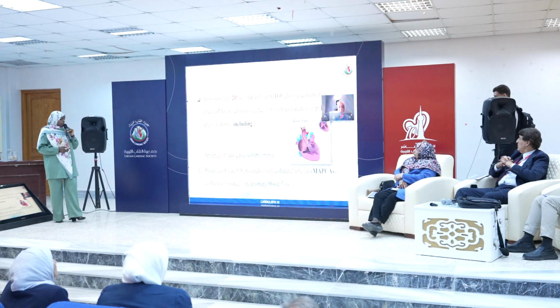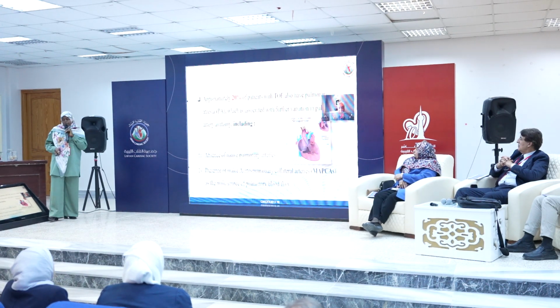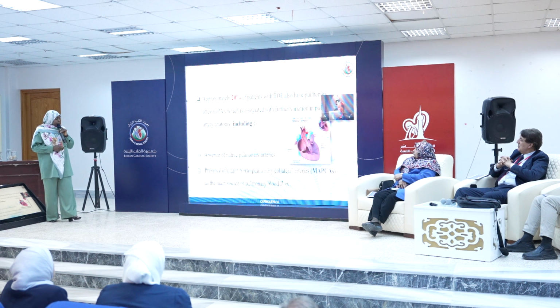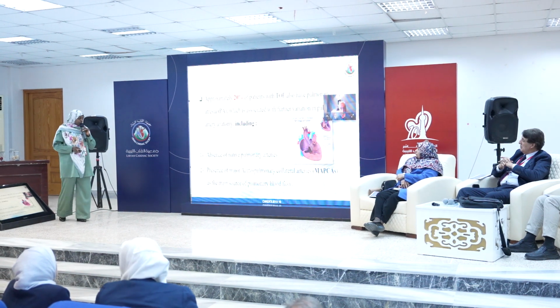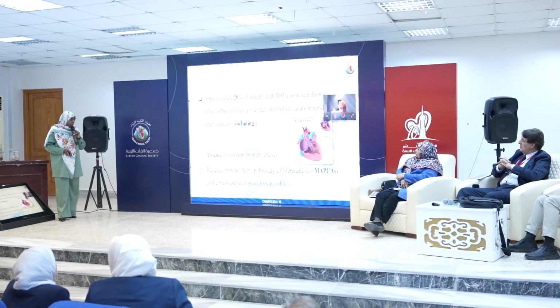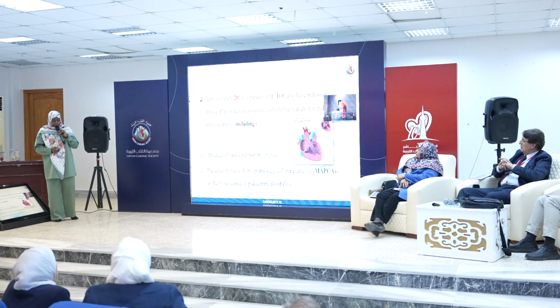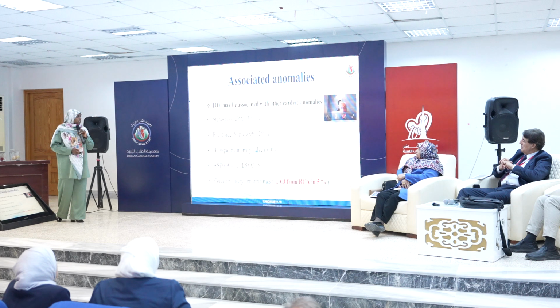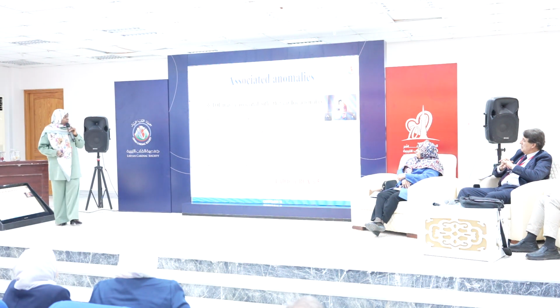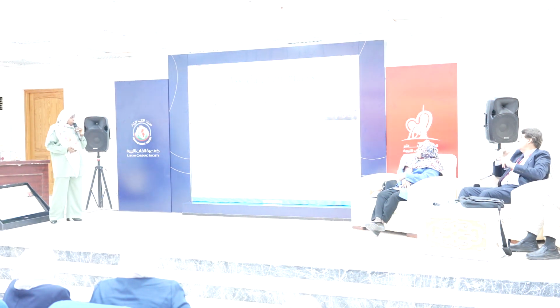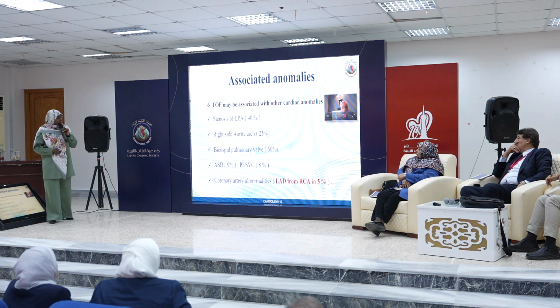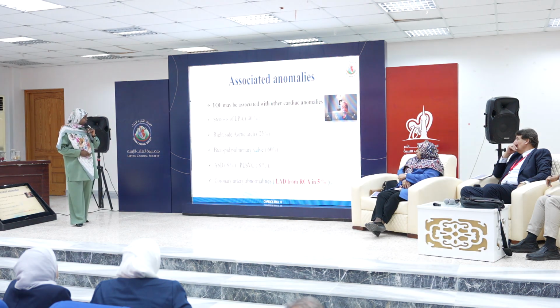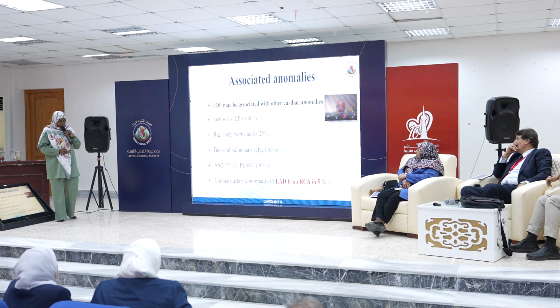Anatomical variation may include absence of a native pulmonary artery, pulmonary valve, or presence of major aortopulmonary collaterals as the main source of pulmonary blood flow. It may be associated with many anomalies, including stenosis of the left pulmonary artery, right-sided aortic arch, bicuspid pulmonary valve, ASD, persistent left superior vena cava, or coronary artery abnormality.